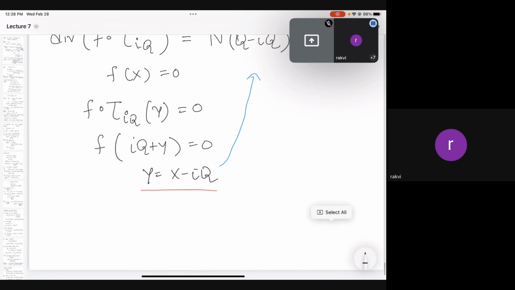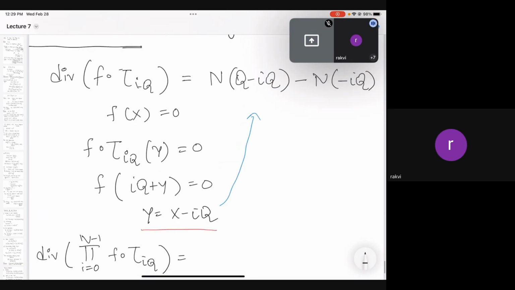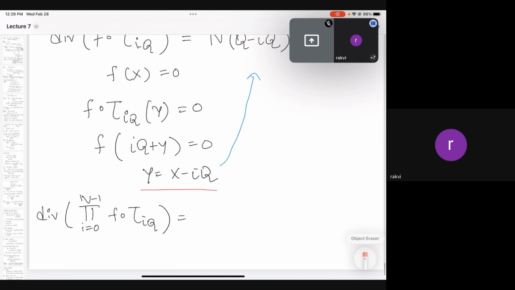So this entire divisor of the product is basically the sum of all the things, and each one has n in them, so I can just take this n out. So I'll have summation i from 0 to n minus 1, and then I have 1 minus i times q minus.